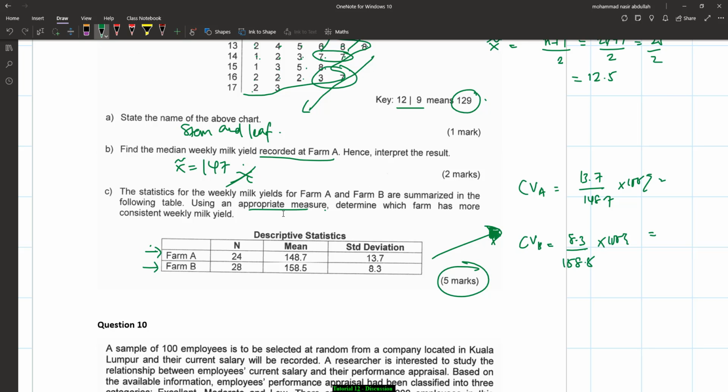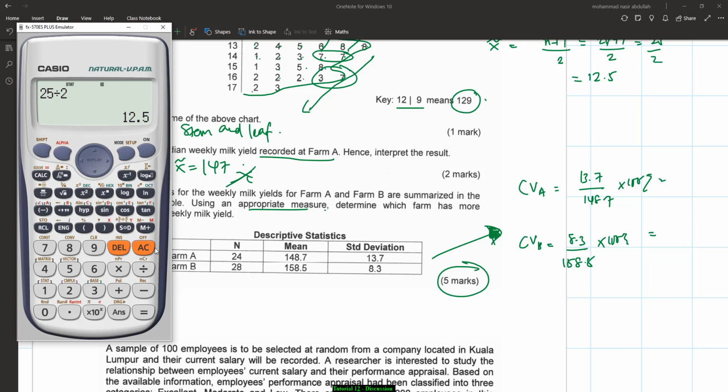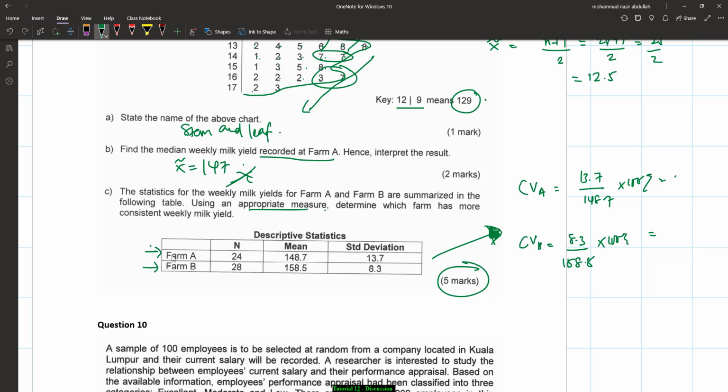So what is the answer for A? 13.7 divided by 148.7 multiplied by 100. This is 9.21.